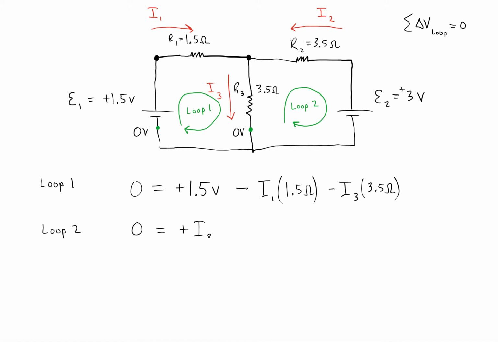So it'll be plus I3 times R3, which was 3.5 ohms. When we went down in potential, I subtracted that term, but now that we're going up, I add it. And it looks like the same thing's going to happen here when we go through R2. We're going to want to add.